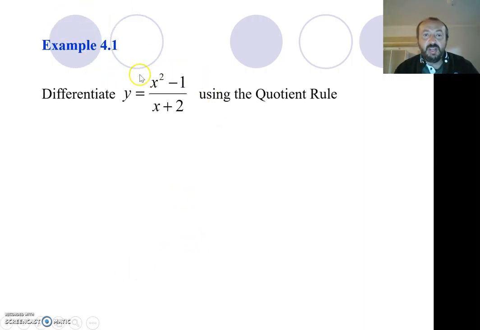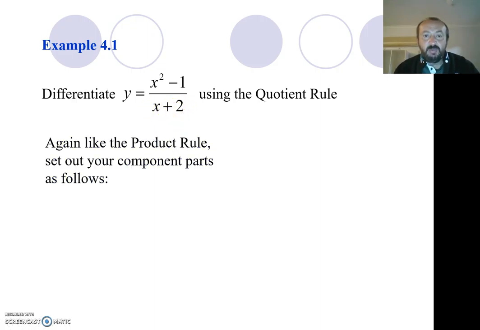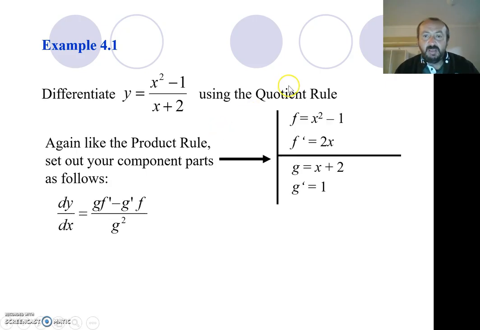They're going to differentiate this using the quotient rule. So they make f equals x squared minus 1, g equals x plus 2. Set out your component parts as follows. f is x squared minus 1, and therefore f dash is 2x. We get that from our previous rules. g is x plus 2, therefore g dash is 1.